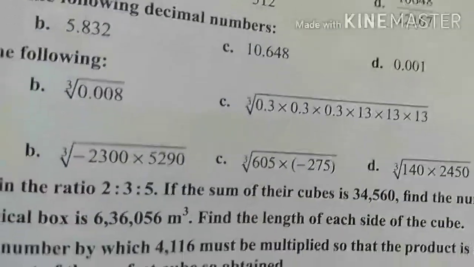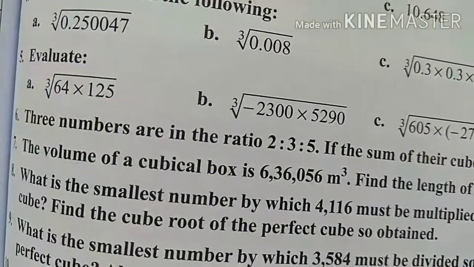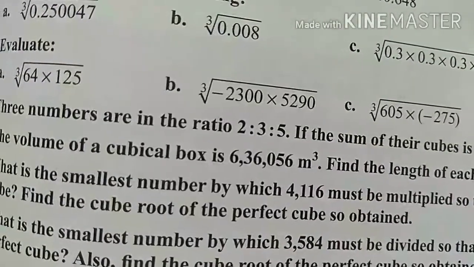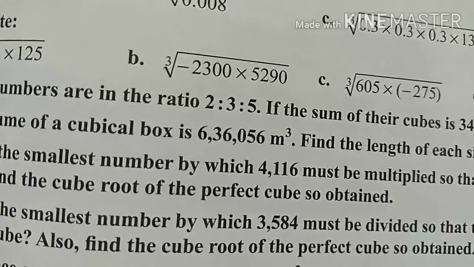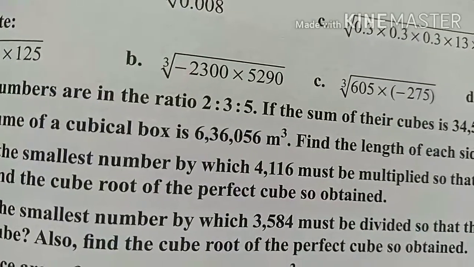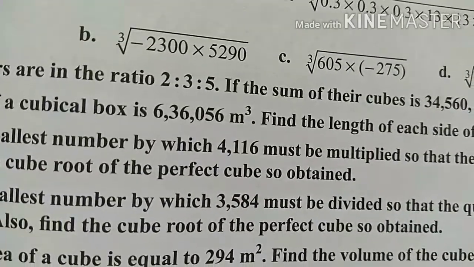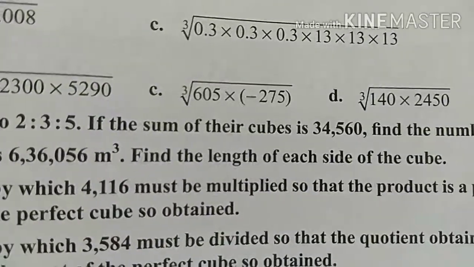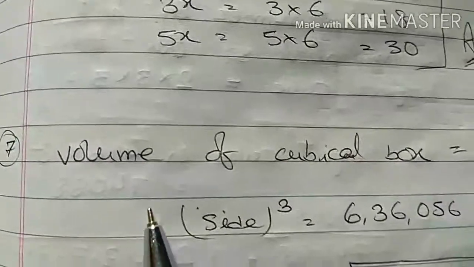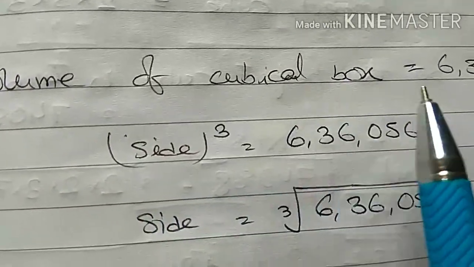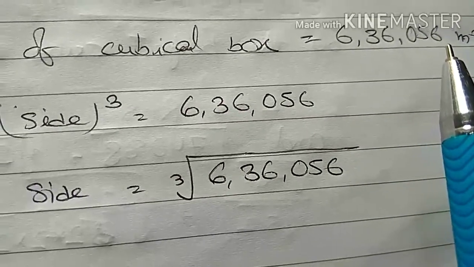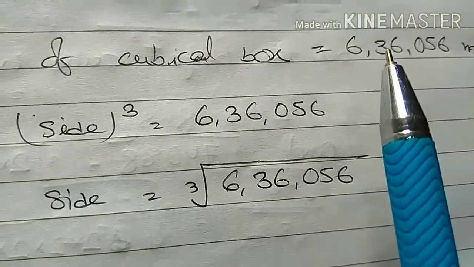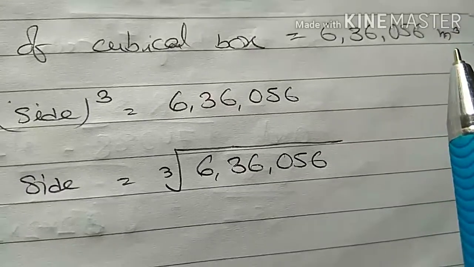Okay. Look here. The next question is: the volume of a cubical box is 636,056 meters cube. Find the length of each side of the cube. The given volume of the cubical box is 636,056 meter cube.